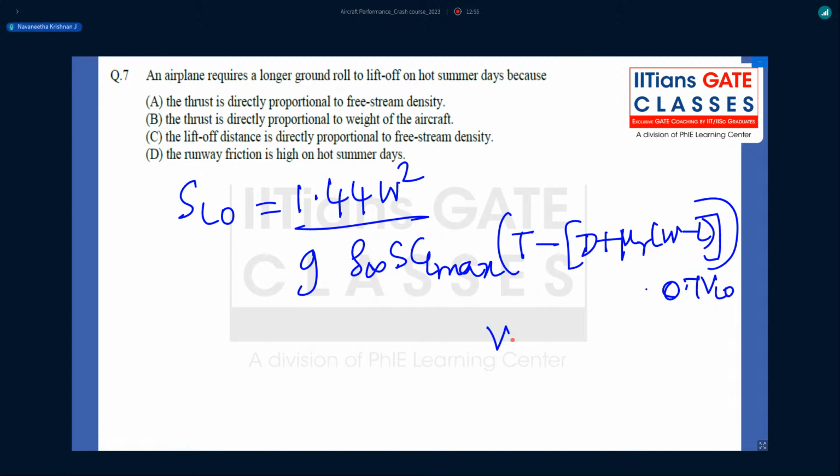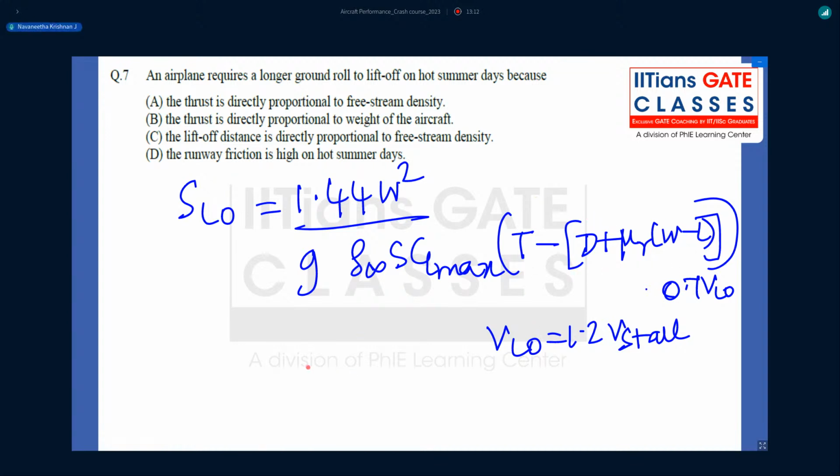V liftoff is equal to 1.2 times V stall. At 1.2 times the stalling velocity multiplied by 0.7, all these forces are calculated.